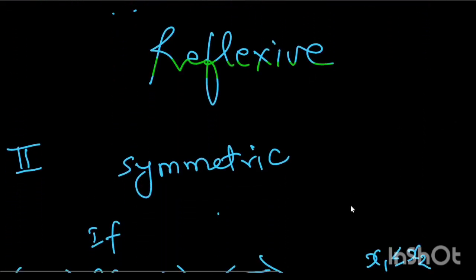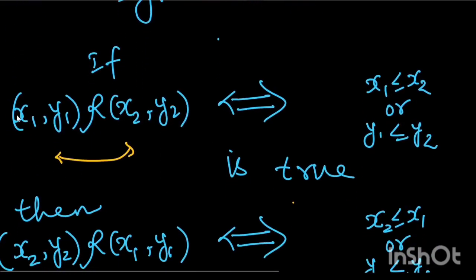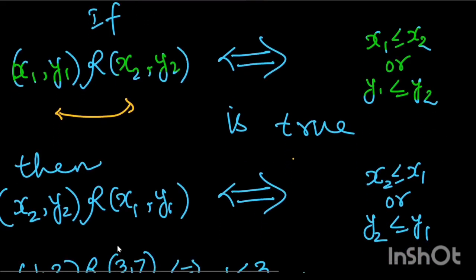Now for symmetric. If this is true, x1 y1 and x2 y2, meaning x1 is less than equal to x2 or y1 is less than equal to y2 or both are true, then if we interchange x1 y1, we get x2 y2 and x1 y1. Now it becomes x2 less than equal to x1 or y2 less than equal to y1.